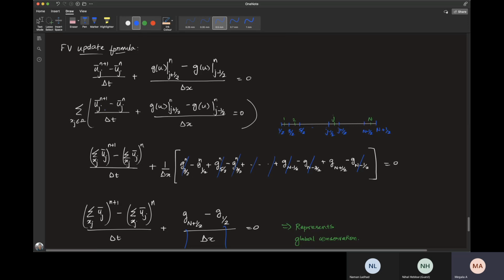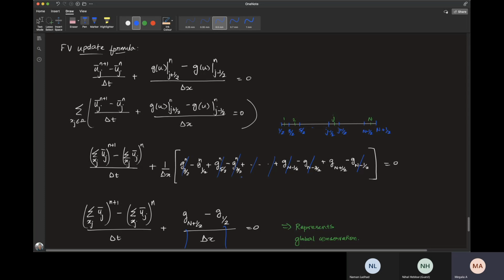Now this summation can go inside these quantities as well. Here I am writing it as just the summation over uj bar. This is essentially the total value of uj bar in the whole physical domain at the n plus 1th time step, and this is the total value at the nth time step.